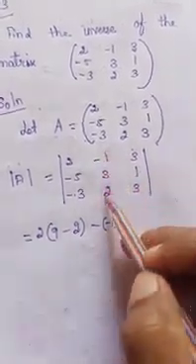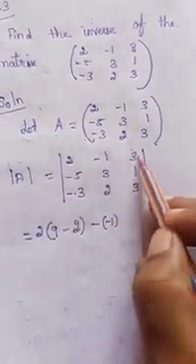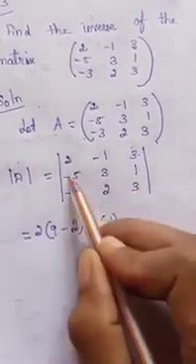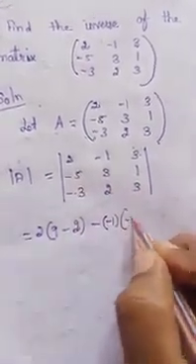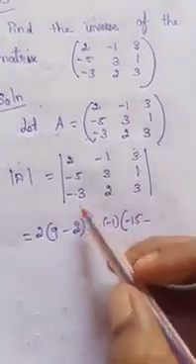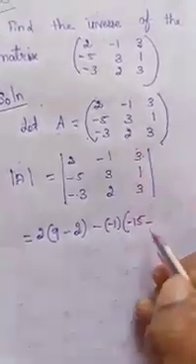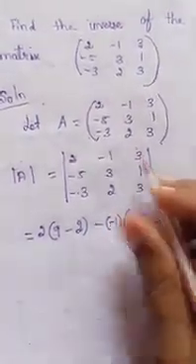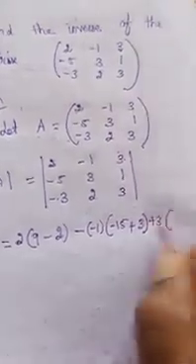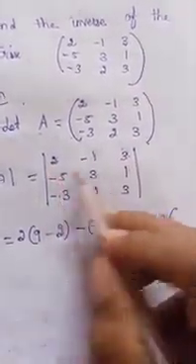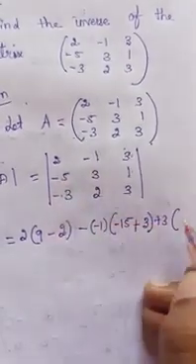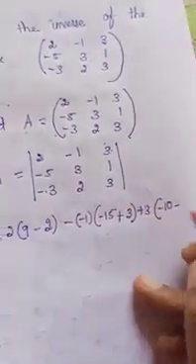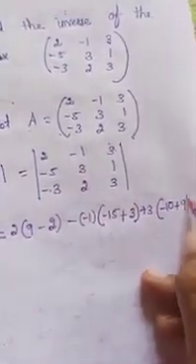Now eliminate the corresponding column and row. Remaining these 2 values and these 2: main diagonal minus 5 into 3 is minus 15, minus 3 into 1 is minus 3. Since we have a minus here, it will become plus 3. Then the last value, plus 3 into, leaving the row and column, the determinant of these 4 values: minus 5 into 2 is minus 10, minus 3 into 3 is minus 9, so we get plus 9.